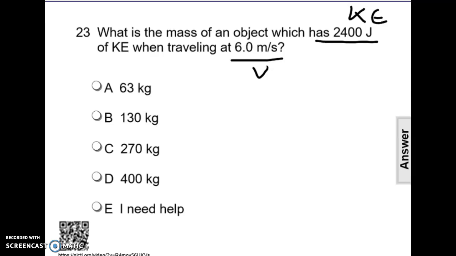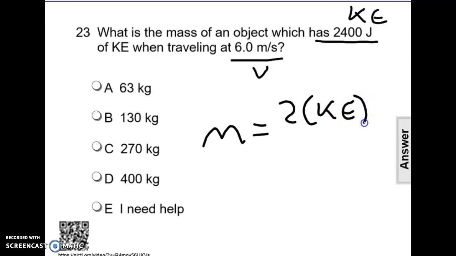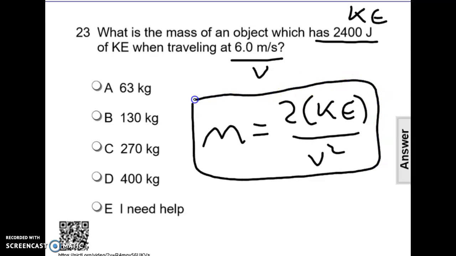So the way this is going to work is that the mass is going to be equal to 2 times the kinetic energy divided by v squared. I solved that equation, kinetic energy is equal to 1/2 mv squared, for m. If we're looking for m, that's the formula that we need to use.